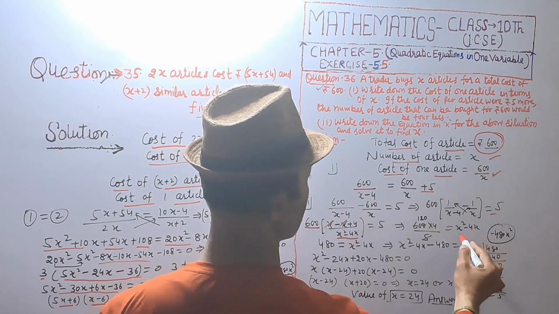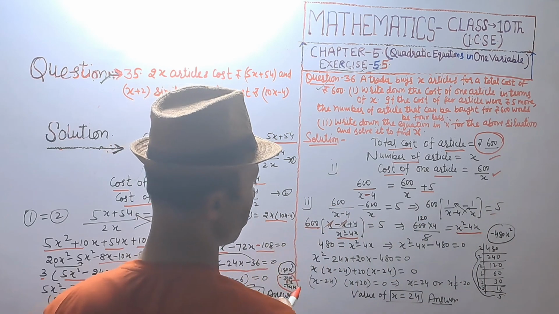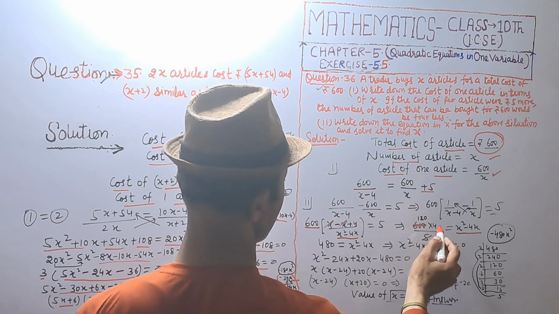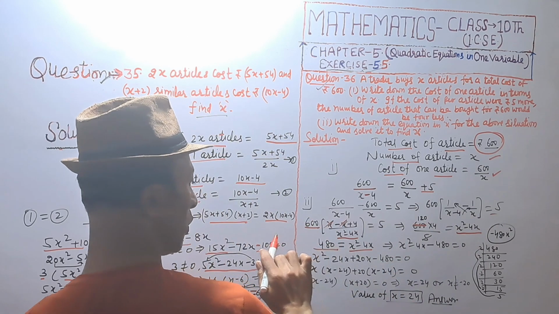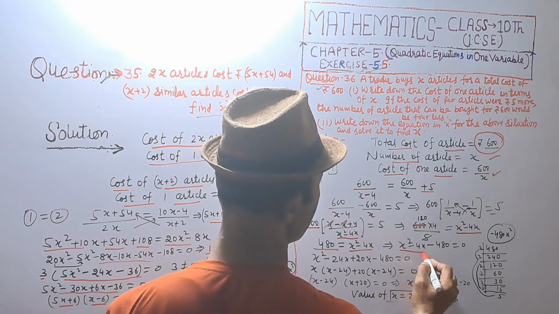Shifting to the right side, this will be x squared minus 4x, and 5 divides the left side. This is divisible: 120 times 4 is 480. x squared minus 4x is equal to 480. 480 is shifting to the right side. This will be negative, and it's a quadratic equation.